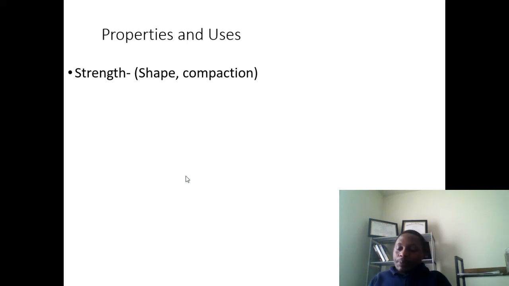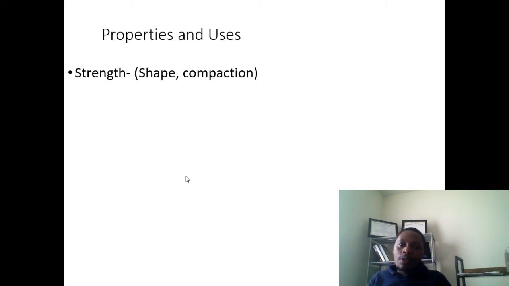Then you look at the properties and uses of aggregates, the strength of aggregates, the shape, and the compaction, okay? We spent quite enough time to look at the strength of aggregates and the shape itself. As I said, if you have spherical aggregates and wedge-shaped aggregates, there is what we call the surface area to volume ratio.